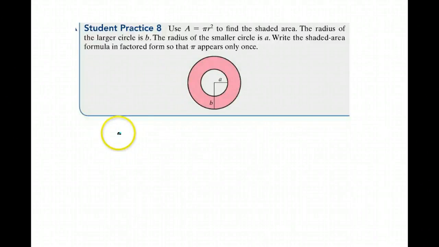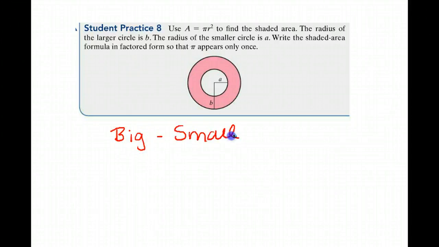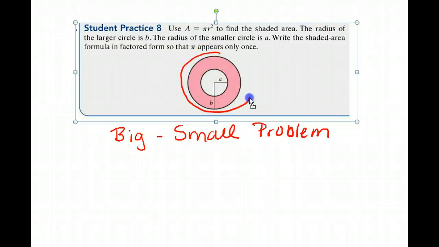I refer to these problems, it's a pretty generic explanation, but it's always helped my students remember them as big minus small problems. When you have a shaded type of problem like this, you're going to have some type of big figure and you're going to have some type of smaller figure on the inside that is impeding your ability to find the area of that big thing.